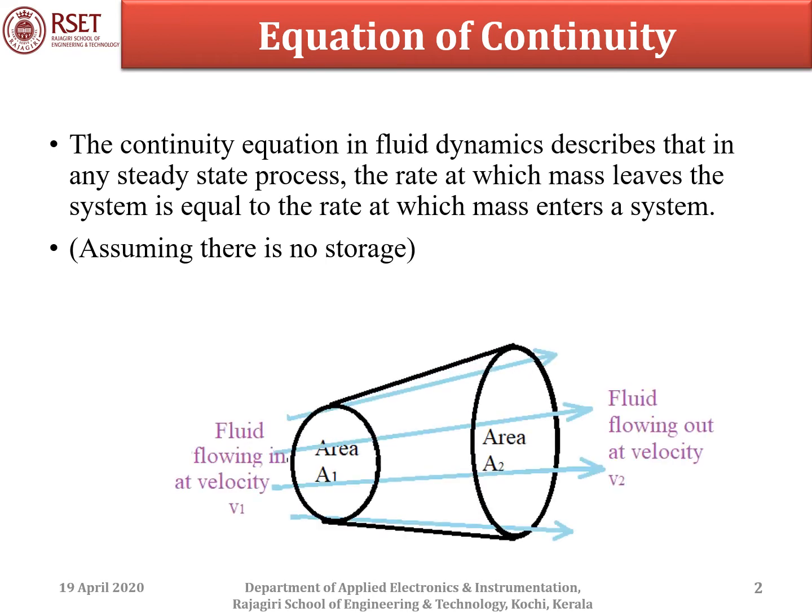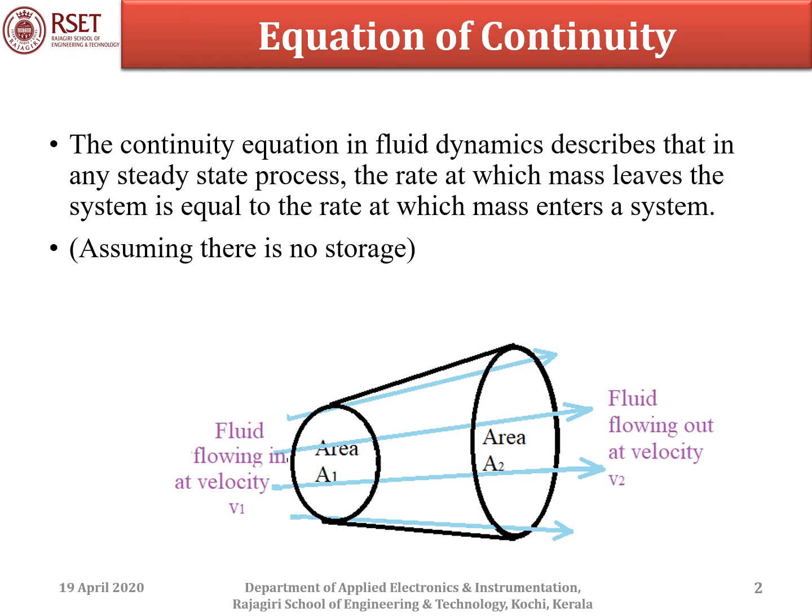Consider this system. You can see fluid flows in with a velocity v1 and fluid flows out with a velocity v2. In case of compressible liquids, the density at A1 will be different from density at A2.